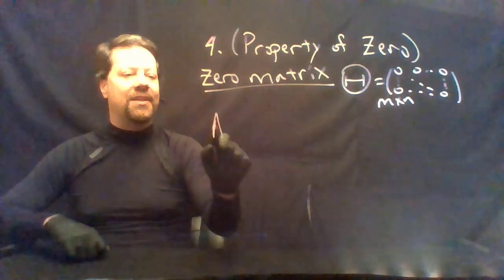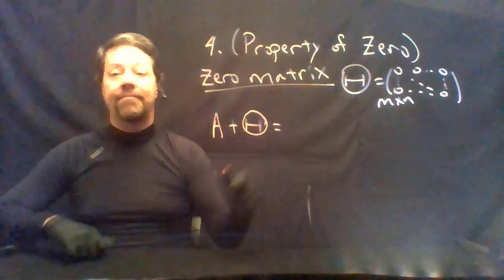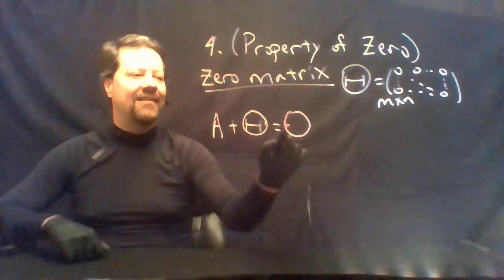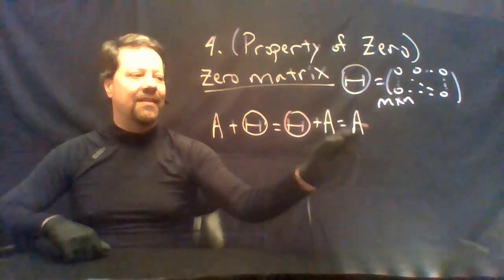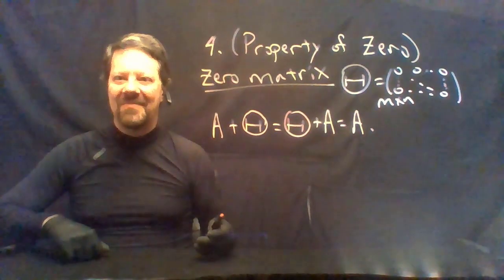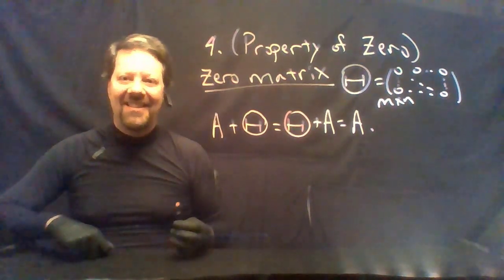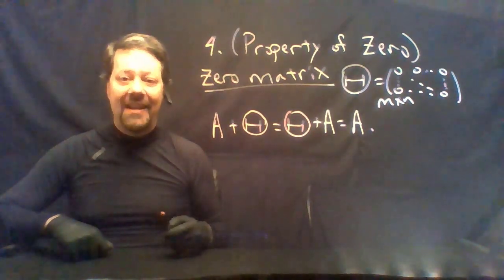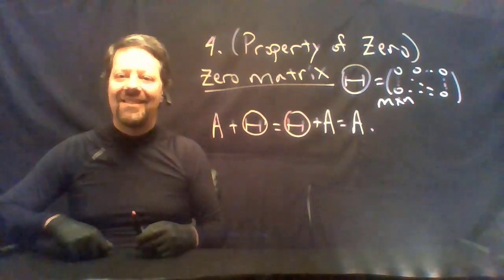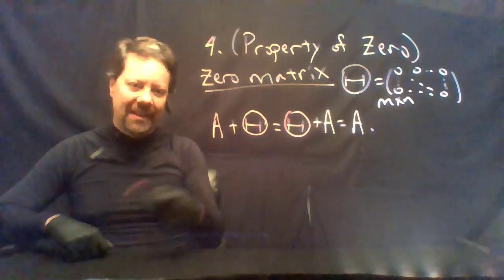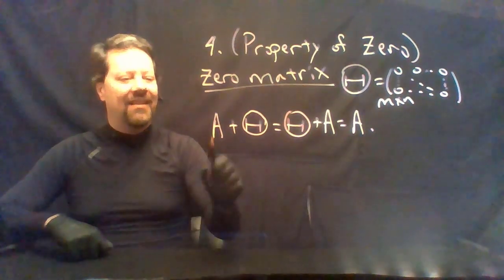Now, if I take a matrix A and add that to the zero matrix, what do you suppose I get? I will, of course, get the matrix A. So this zero matrix behaves just like the zero scalar in the set of real numbers. If you add the zero number to any other real number, you will get that other number. 0 plus 2 is 2.